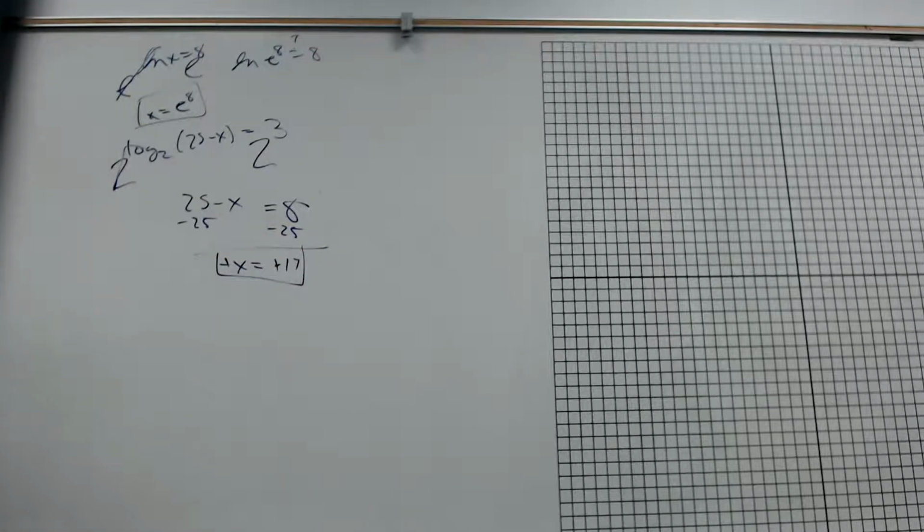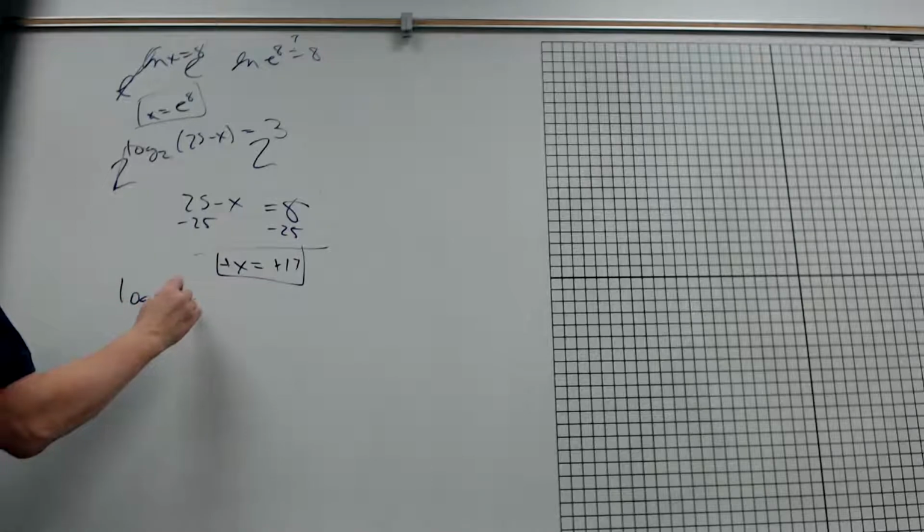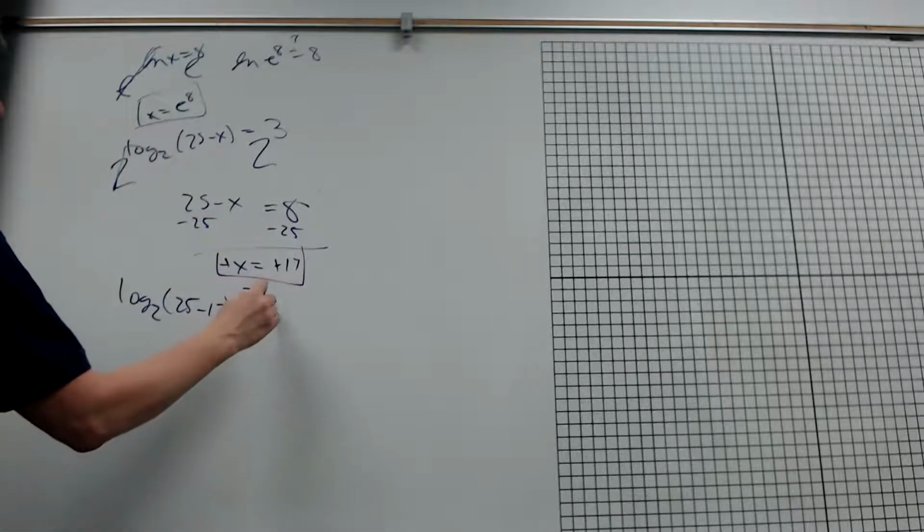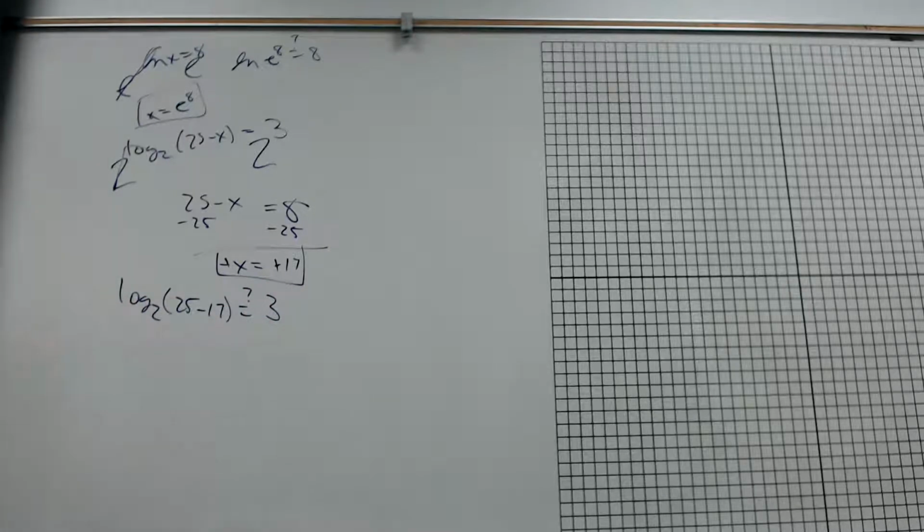Let's check our answer. Log base 2 of 25 minus 17, does that equal 3? 25 minus 17 is 8. Log base 2 of 8 is 3, so it works out. That's the correct answer. Okay?